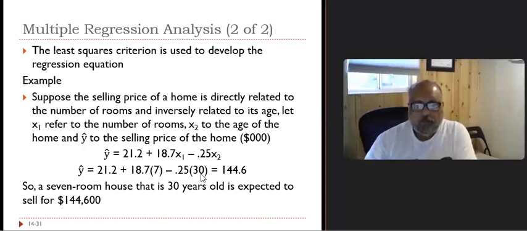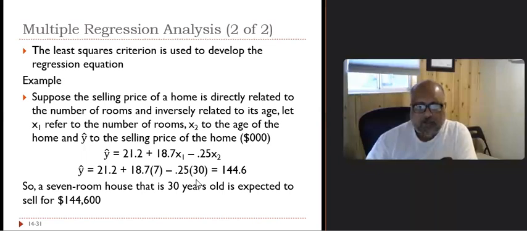Now, for a given value of x1 and x2, we can find the price of the home. So this line here, y hat, after putting the values in, gives us 144.6. The 7 here means a 7-room house which is 30 years old.